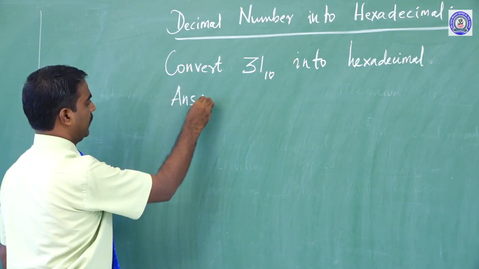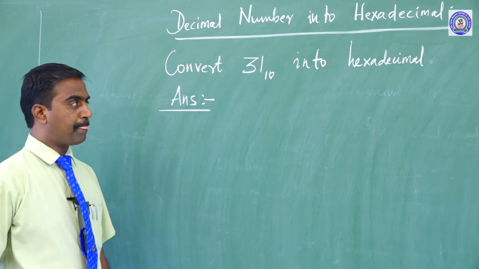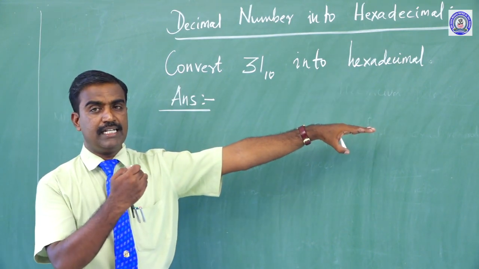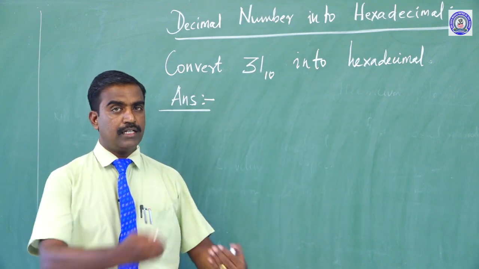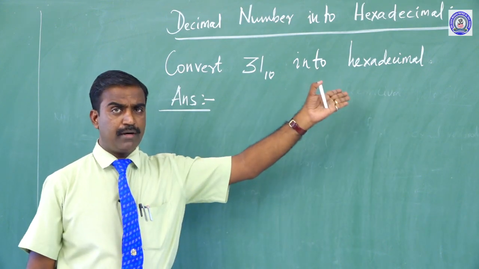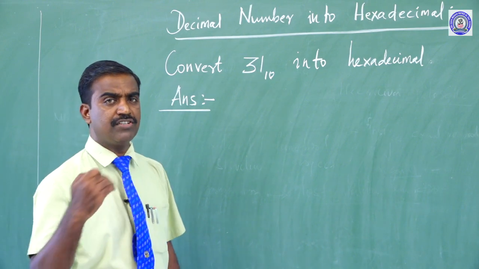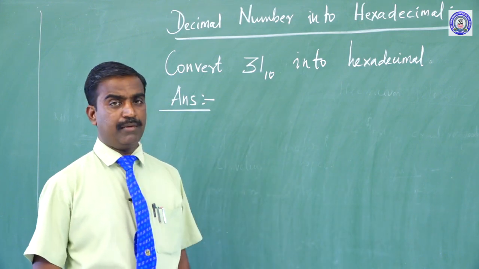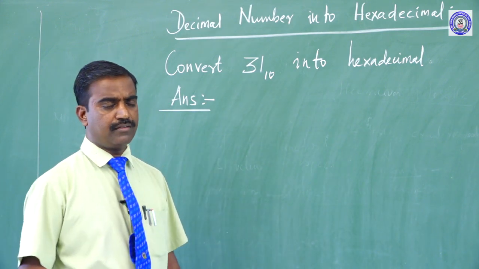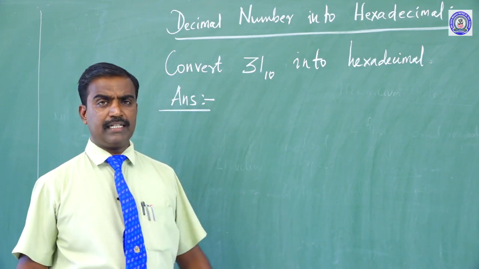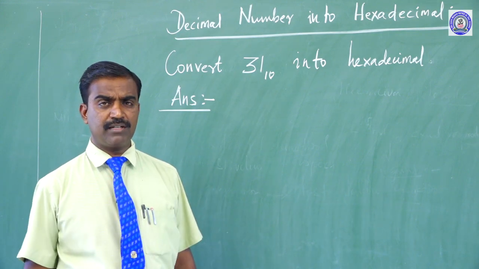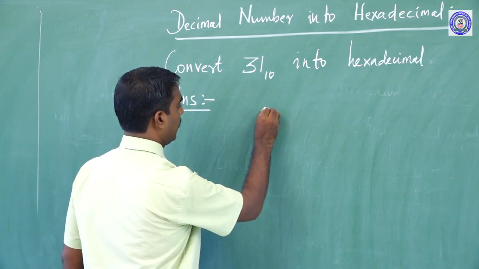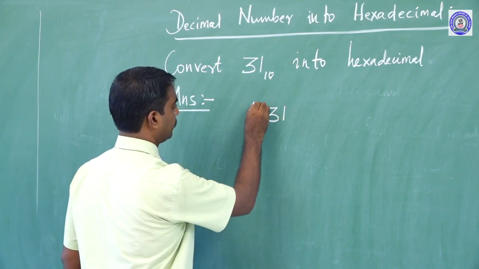How can we do, sir? Dear children, decimal into binary means repeatedly dividing by 2. The given number into octal means repeatedly dividing by 8. Hexadecimal means the given decimal number is repeatedly divided by 16. Okay, in this method the given number is 31.